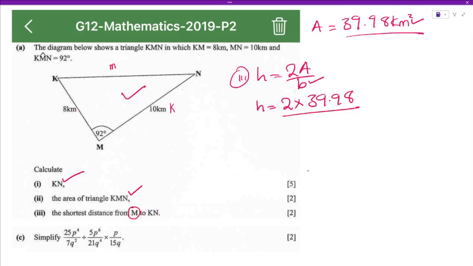So that was 8 squared plus 10 squared minus 2 times 8 times 10 times cos 92. Then when we square root that value, that is 169. I think that was 13 something.